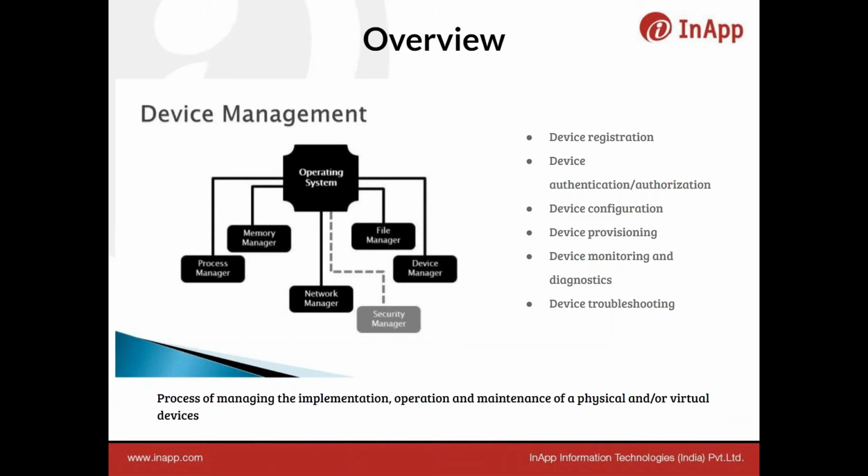Consider the Internet of Things: that means managing billions of devices in the world. Now with IPv6 coming in, anything in this universe can be connected to the internet. So device management is managing that huge number of systems.